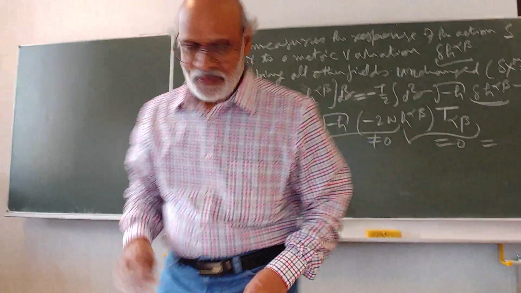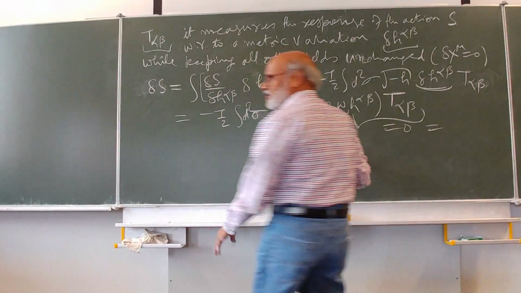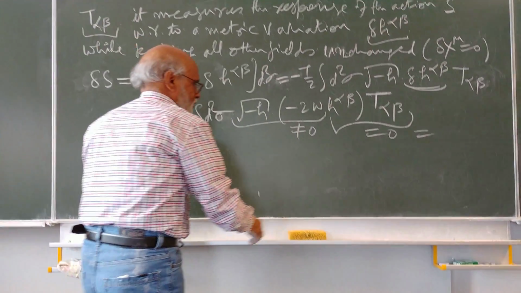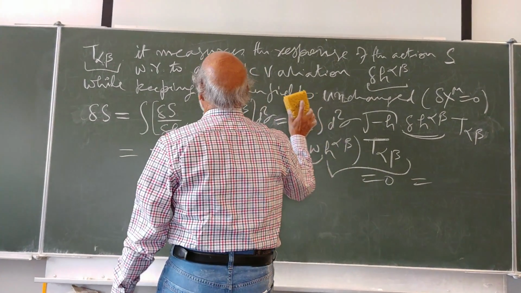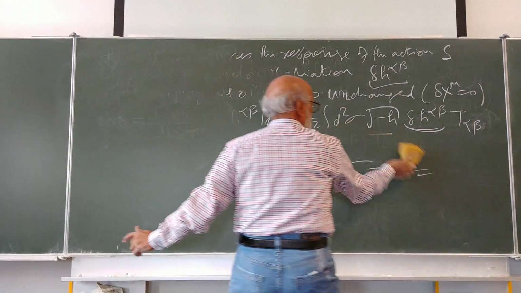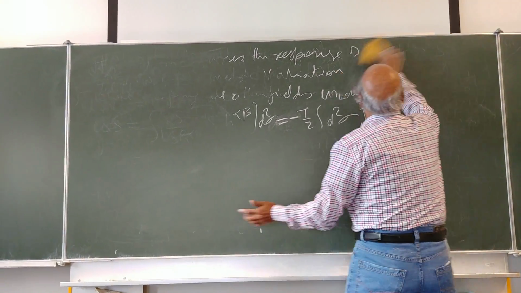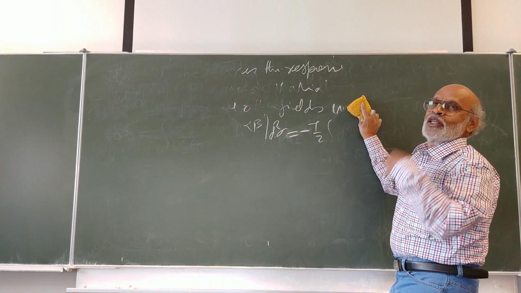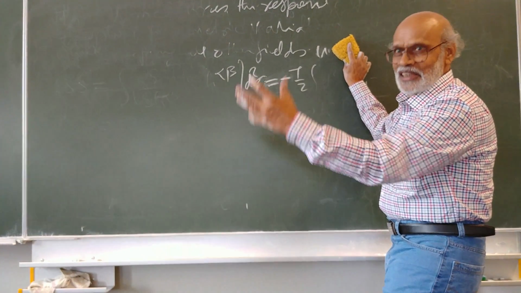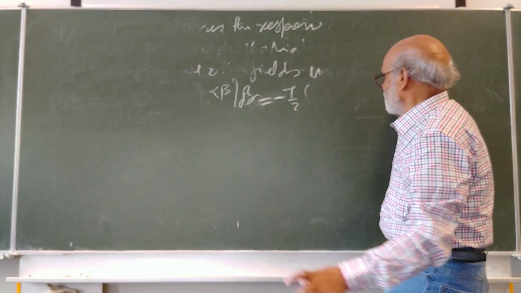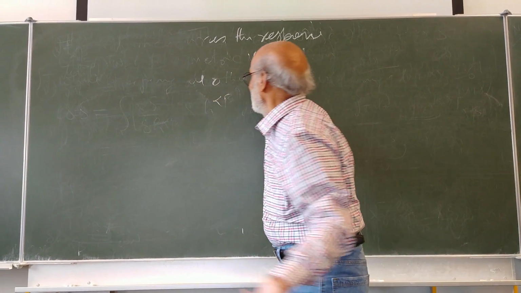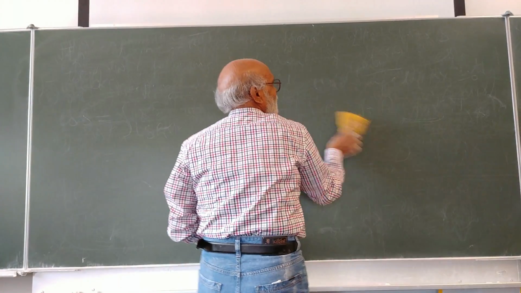So I can remove this. We remember this result, but let me remove this. Actually, that would give me my definition of T alpha beta. When I also vary the determinant, then that would give me the detailed definition of T alpha beta.